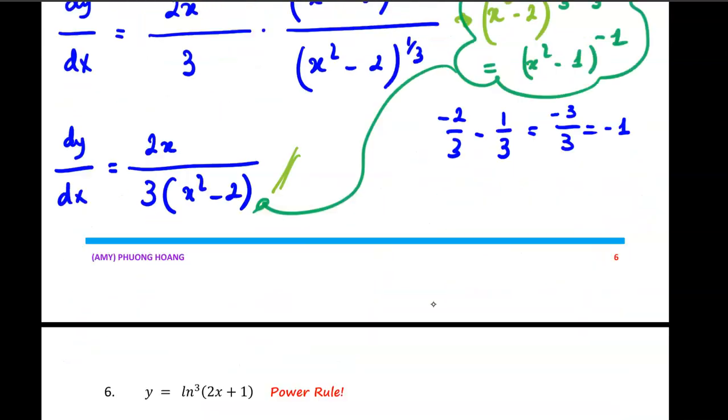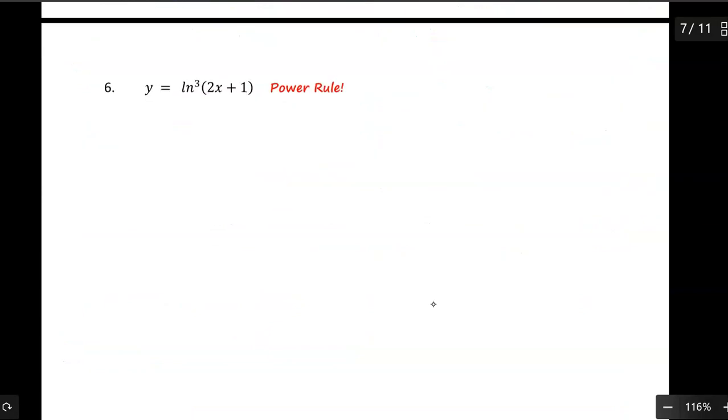Alright, so now let's move on to question number 6. Now you see this is the power rule, because you have the exponent that goes with the natural logarithm.